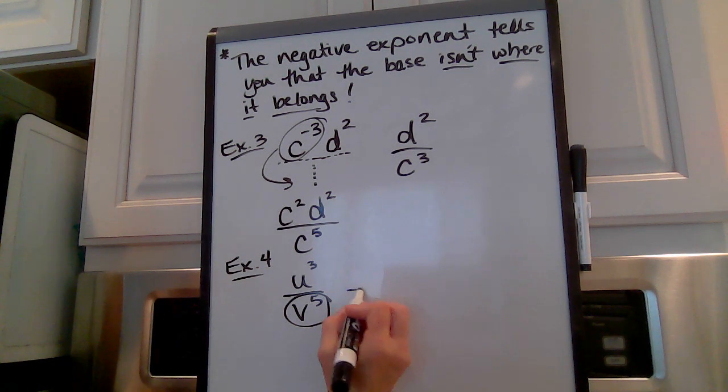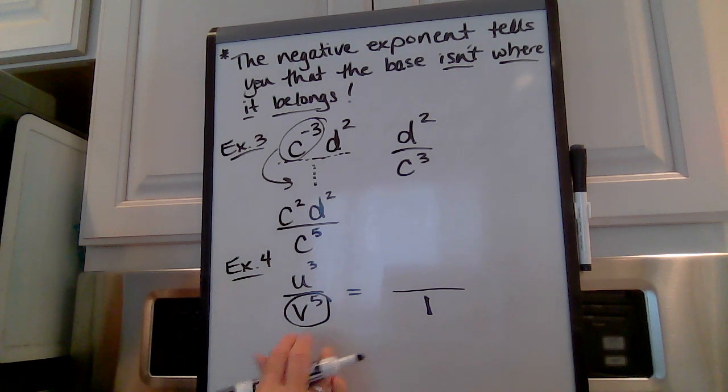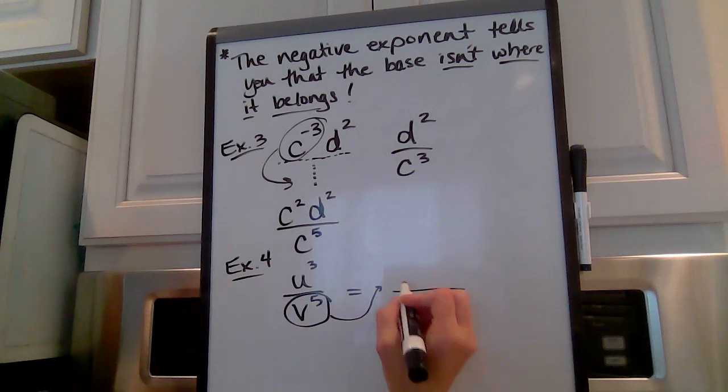We want to create something where it's over 1, because we don't write that fraction. You wouldn't say you're 14 over 1 years old. So we're going to move this so that it's in the numerator, and then we don't really have it written as a fraction anymore. So our u to the third is right where it belongs.